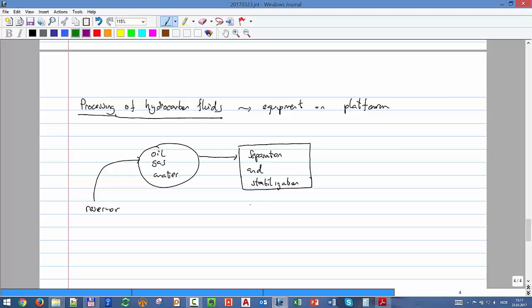I think I have mentioned this convention before, but I want you to memorize it: oil, green; gas, red; and blue, water.